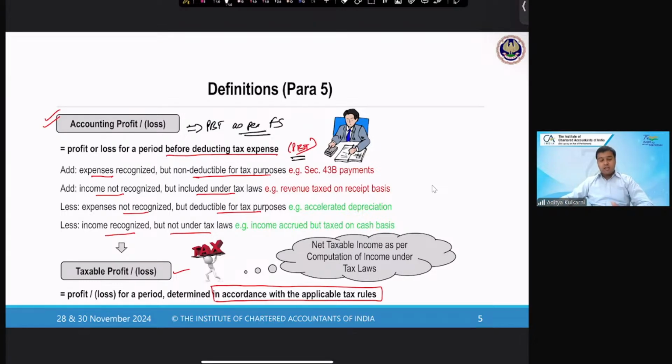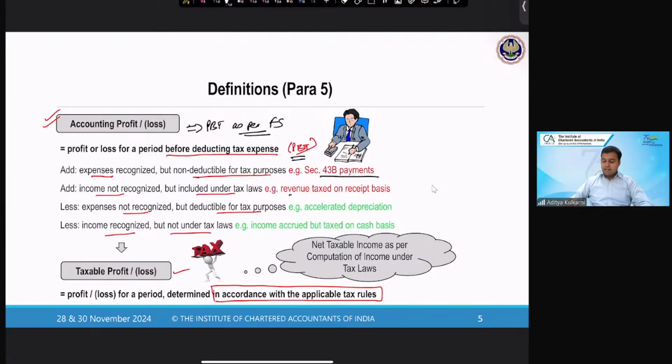Now when we start off with the profit before tax as per financial statements, we will add certain expenses, certain disallowances, which are non-deductible for tax purposes. For example, you have your 43B payments. 43B means, as all of us know, certain expenses which are allowable only when paid. Then you will add certain incomes which are not recognized but included under the tax laws.